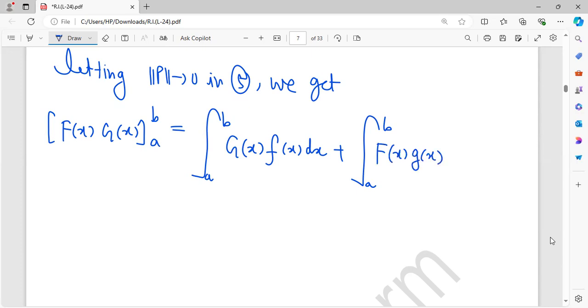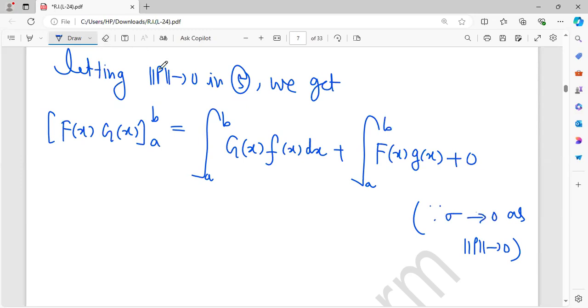And because this is tending to 0, this will become 0, because sigma tends to 0 as norm P tends to 0. Okay, so in place of sigma I can write 0.